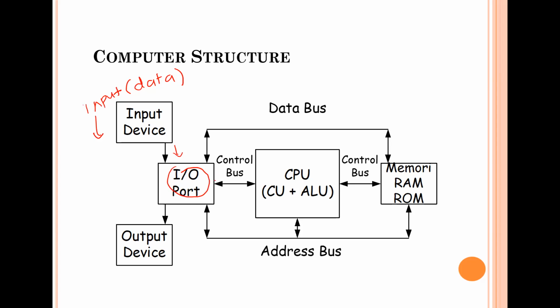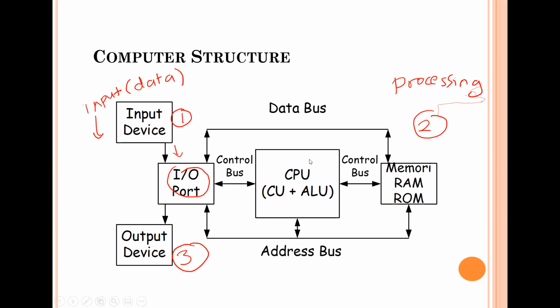The process starts with input as number 1, and the second one is processing. And then the last one is output.